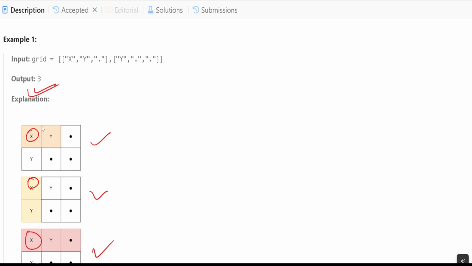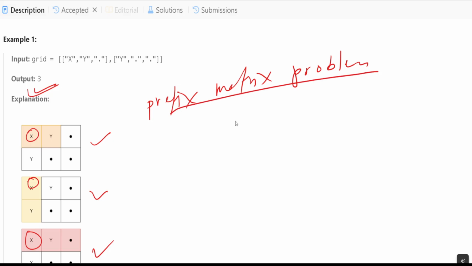Understand? So if you talk about the intuition, guys, this is not a general submatrix problem. This is a prefix matrix problem. Since this is a prefix matrix problem, instead of checking all the rectangles, we only need to check the rectangles that start from 0 0, and that reduces the complexity very well.